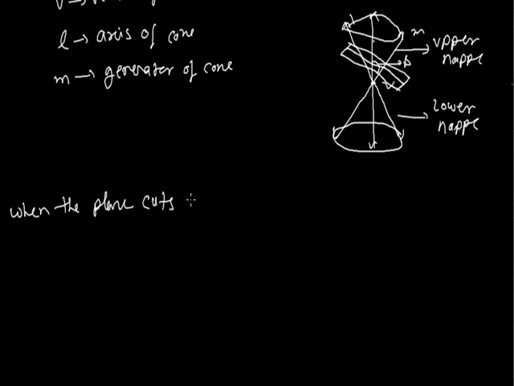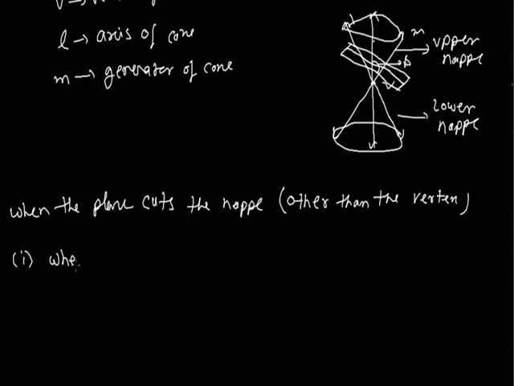Suppose the plane cuts the nap at a point other than the vertex. Now the first condition is when beta is equal to 90 degrees, where beta is the angle of this plane with the axis of the cone.